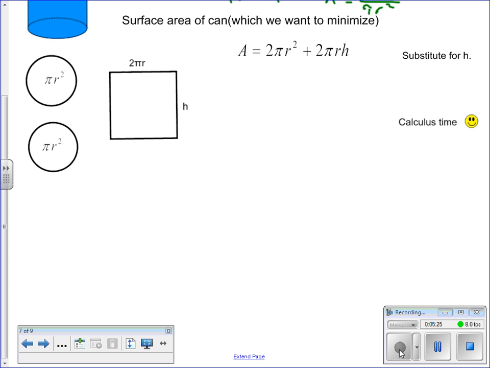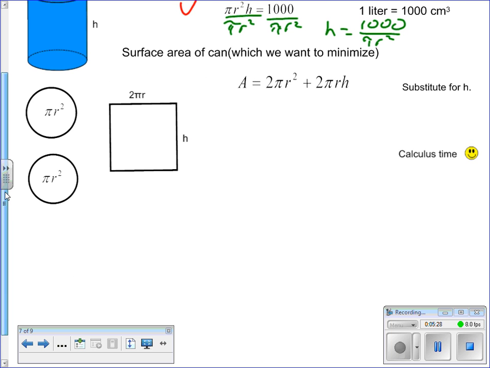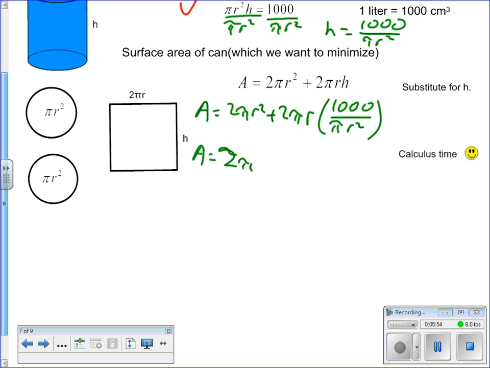I'm going to go ahead and extend the page because I know I'm going to need the space to work. Area equals 2 pi r squared plus 2 pi r times 1,000 over pi r squared. All I do is substitute what h is. Area equals 2 pi r squared plus, this reduces down, your pi's cancel, one of your r's cancel, so you get 2,000 over r.